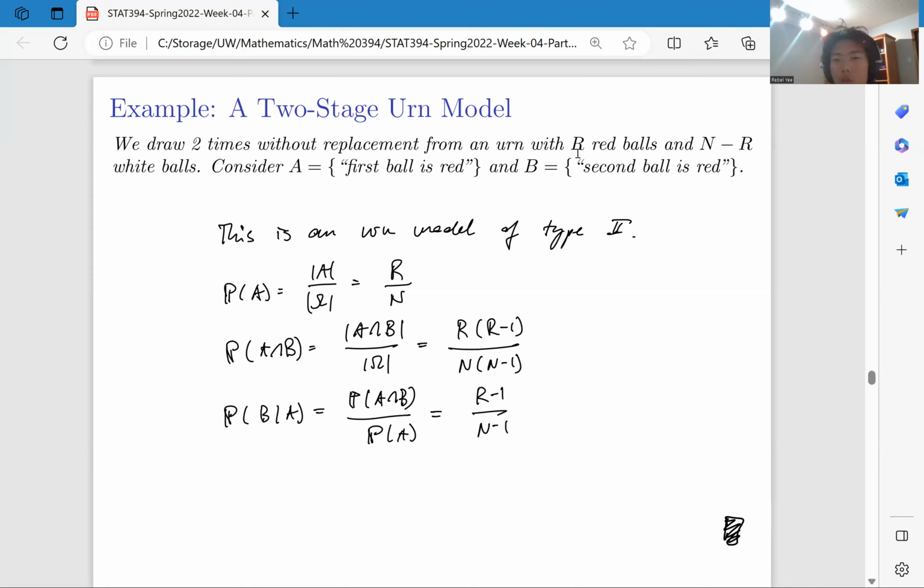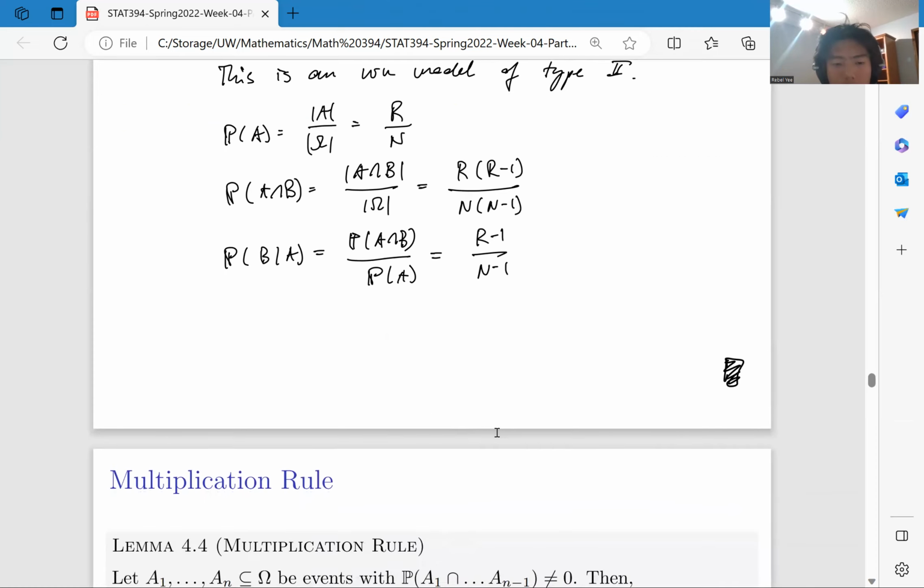So it's R minus 1 divided by N minus 1. In this case, the probability of B given A becomes the probability of A intersection B divided by the probability of A, which is equal to R minus 1 divided by N minus 1. And we solved this one.